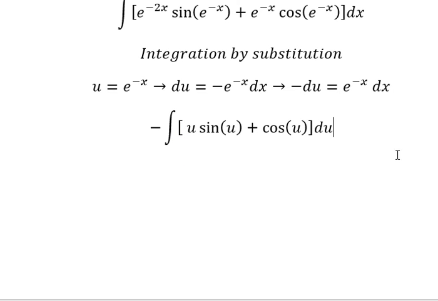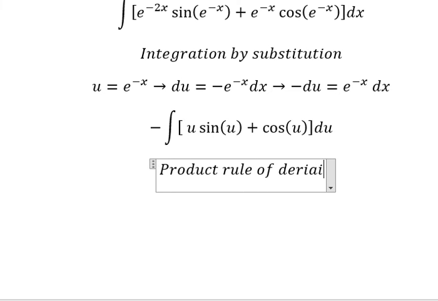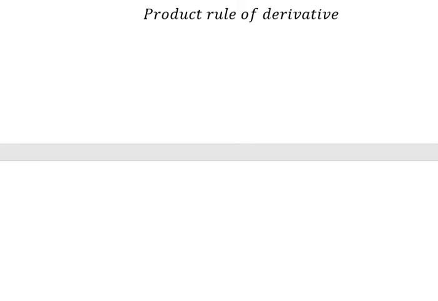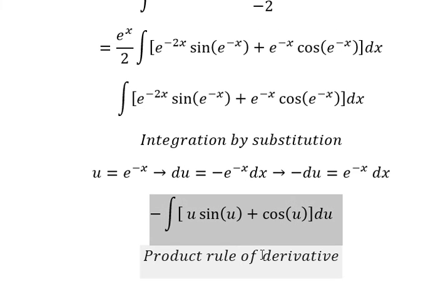In this one, we can use the product rule of the derivative. We know that the first derivative of y equals the first derivative of a multiplied by b plus the first derivative of b multiplied by a. So we go back in here.